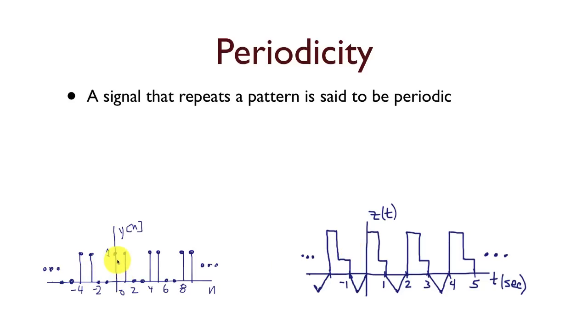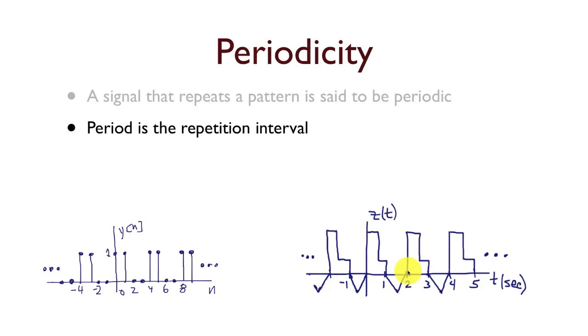The y of n has two samples at 1, then two samples at 0, then two samples at 1, then two samples at 0, and so on, whereas z of t has this flat, drop, and then a negative ramp and a positive ramp, and that pattern repeats forever and ever. So the period of the signal is the interval over which it repeats.